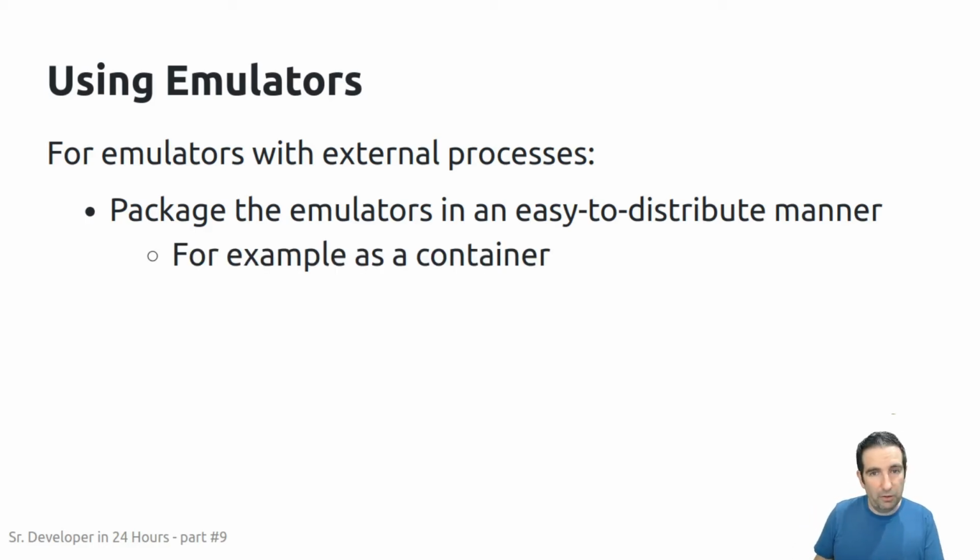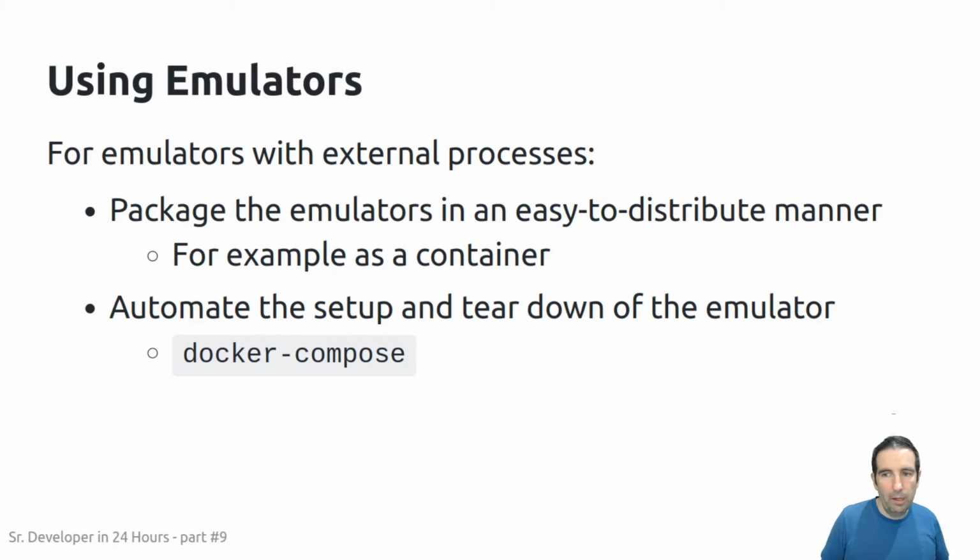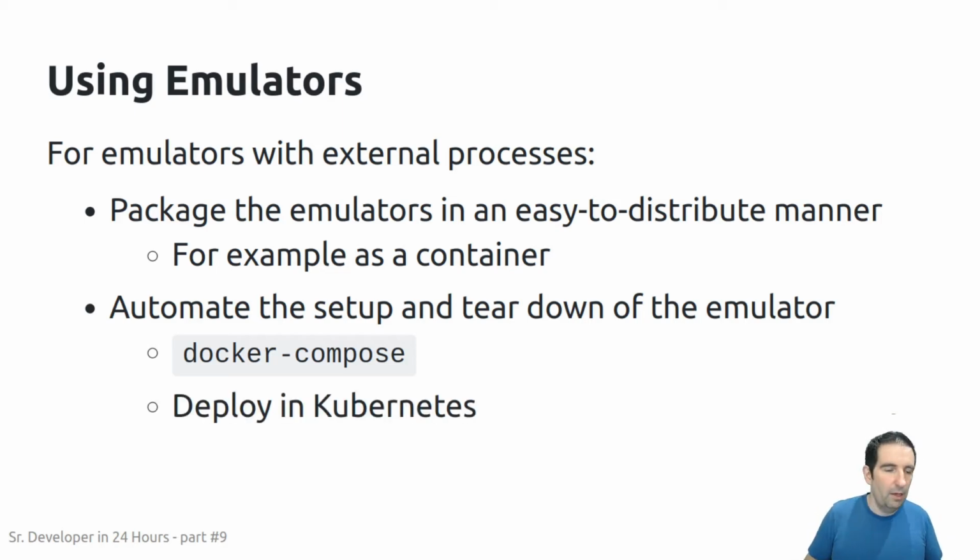If you can do it as a container, normally that tends to be the easiest way, assuming you can run Docker in your organization. We want to automate the setup and the teardown of the emulator as much as possible. This can be done inside of the container, inside of the automated build. We can use things like Docker Compose. If we have access to Kubernetes clusters, the whole thing can also be deployed in Kubernetes. It is really easy to set up and tear down just by passing some YAML files.